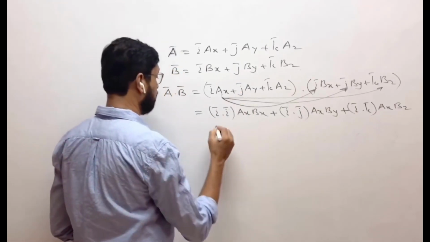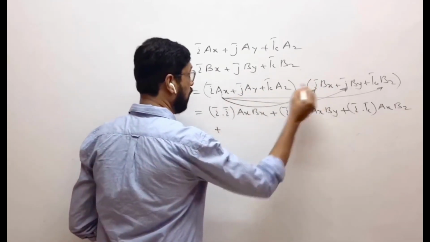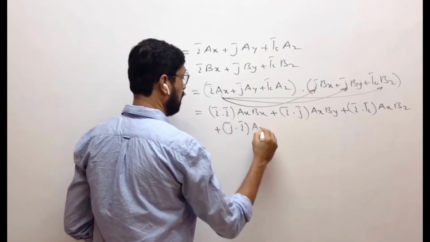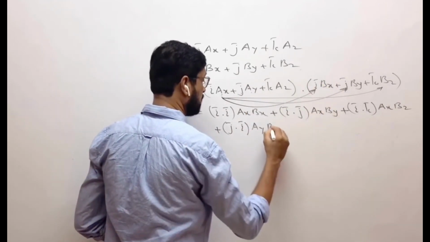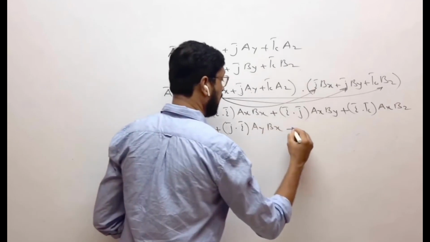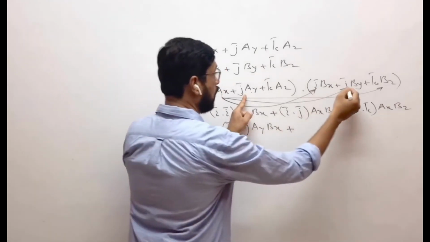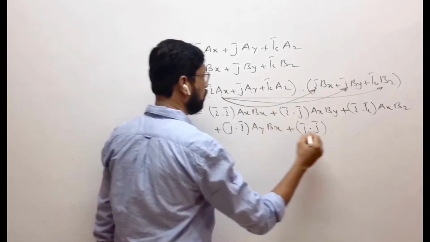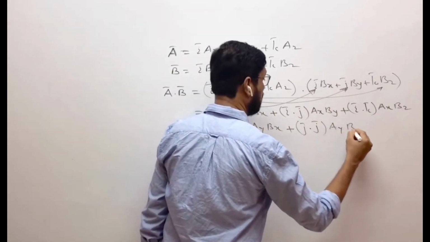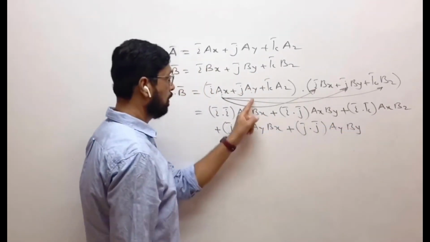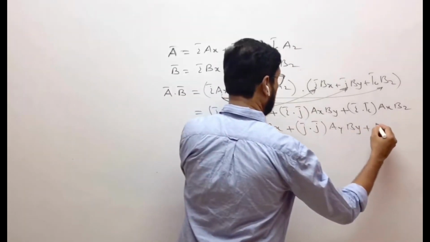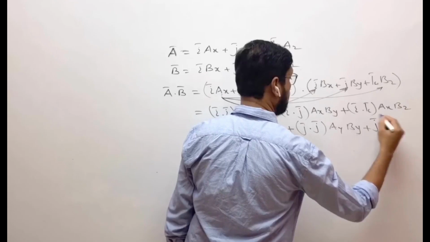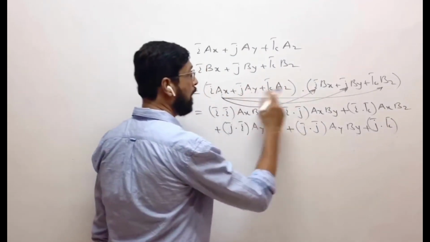So this will be plus J dot I AyBx plus J dot J into AyBy plus J dot K into AyBz.